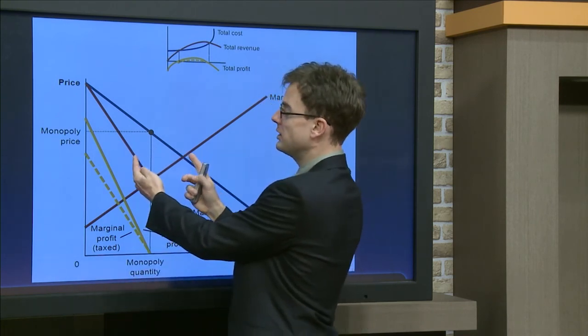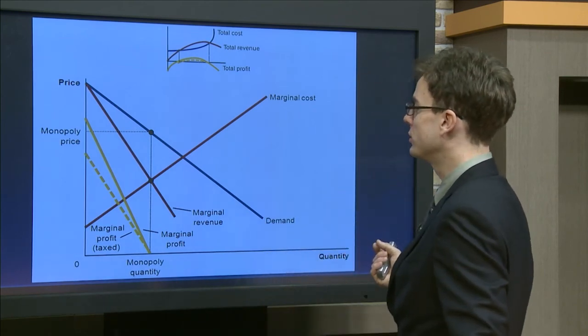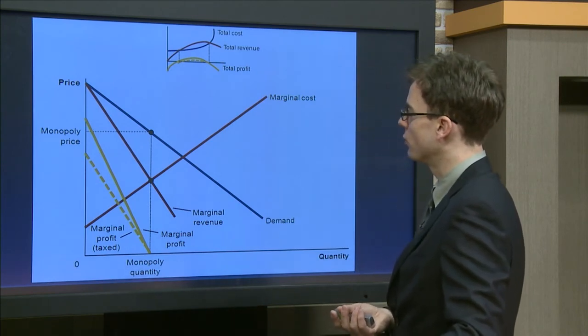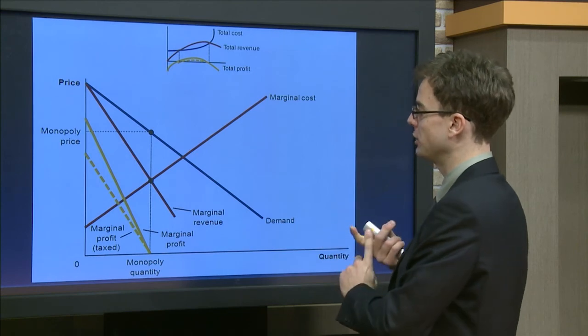So the inefficiency in the market would even increase. Even less output would be produced compared to the efficient level. So taxation of output would not work to fix inefficiency from monopoly.